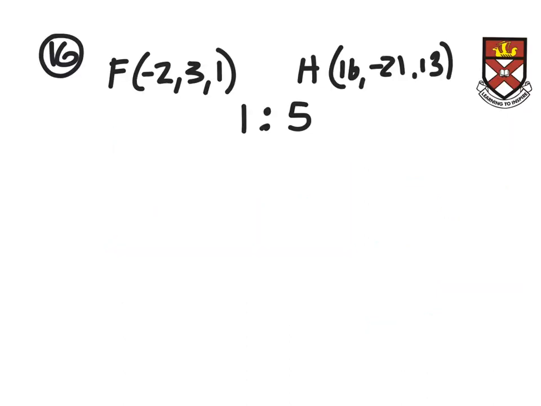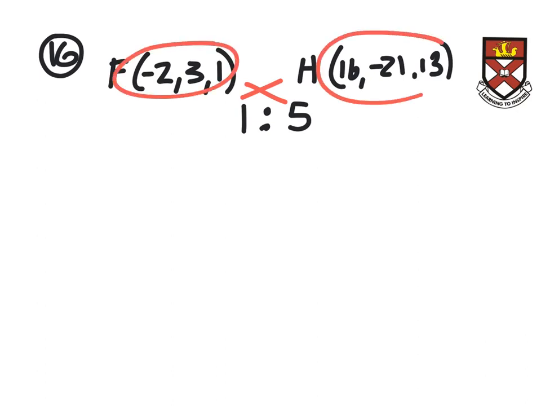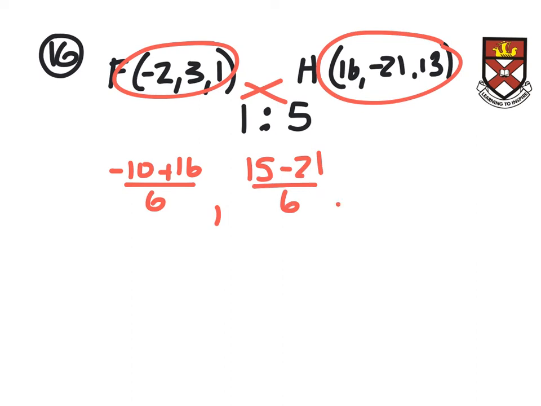Question 16. I know I've made a mess of the question, it's got F and F in it, but the second one is an H. The ratio is 1 to 5, so we do 5 times this bracket, 1 times this bracket, and divide by 6. So 5 times negative 2, add 16, divided by 6. 5 times 3 is 15, take away 21, divided by 6.